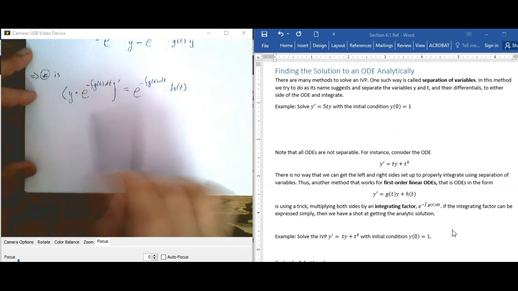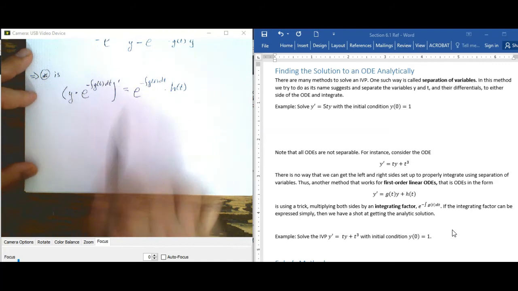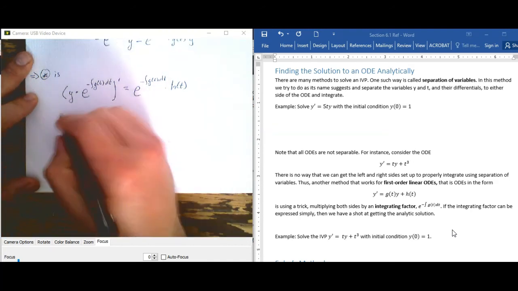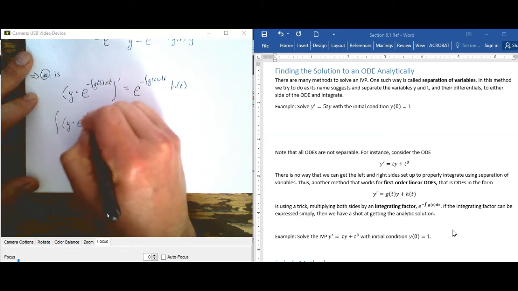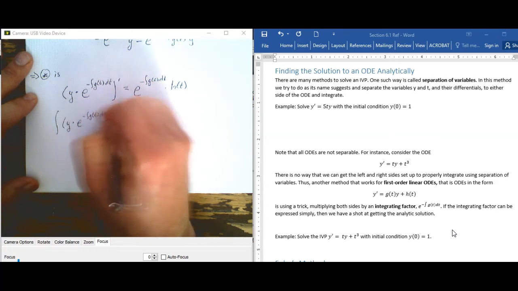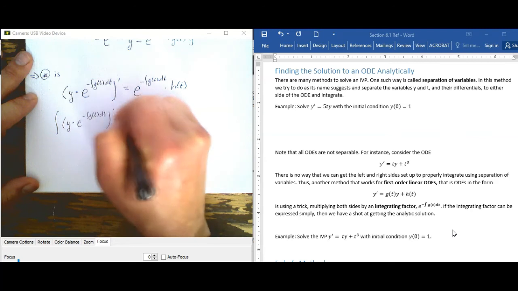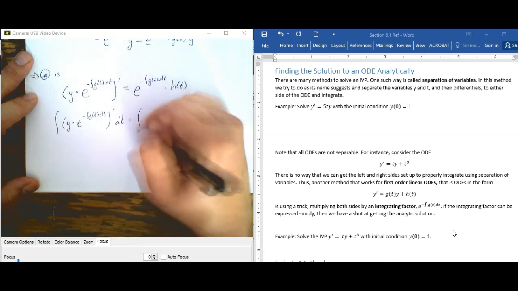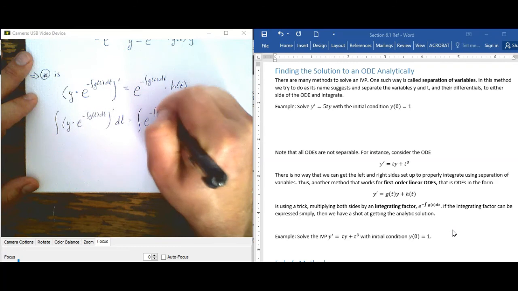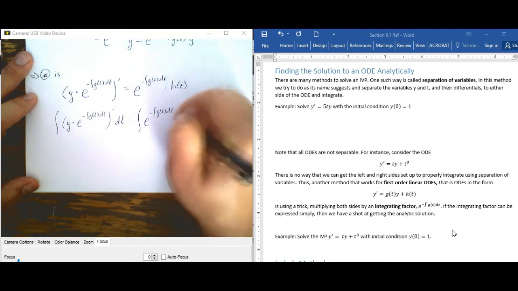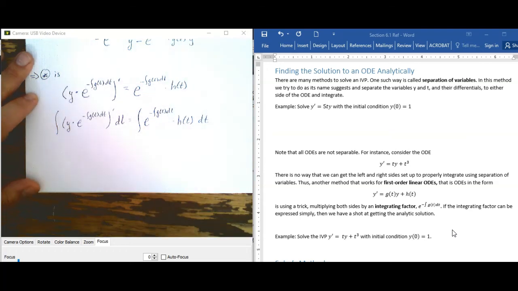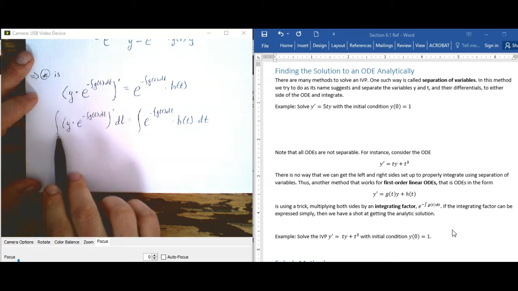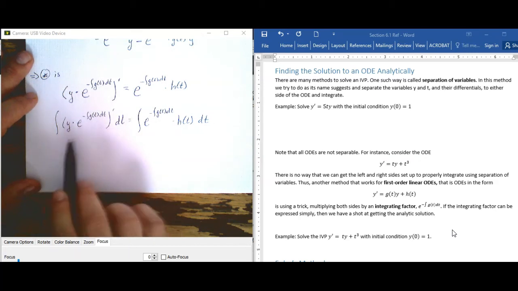So now we can integrate both sides again. So we're going to integrate this side with respect to t, and this side with respect to t. So a little bit more, we can get our analytic solution.